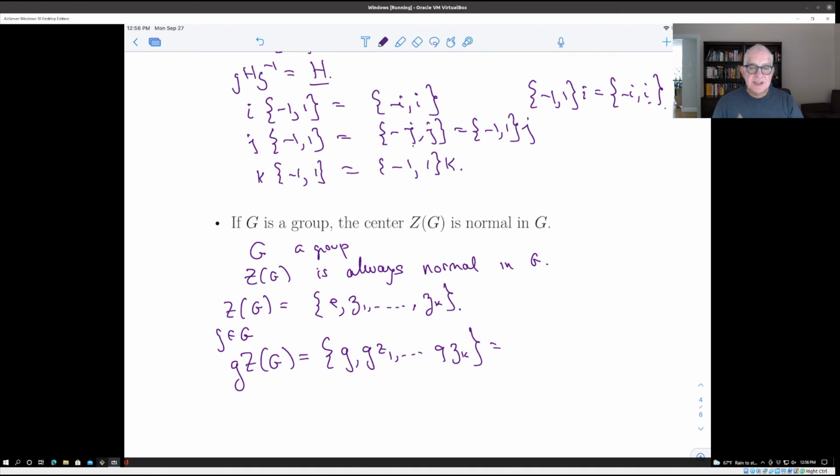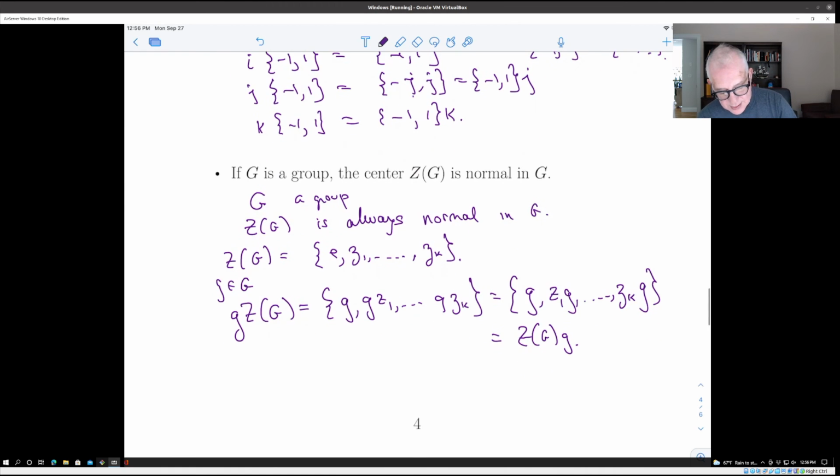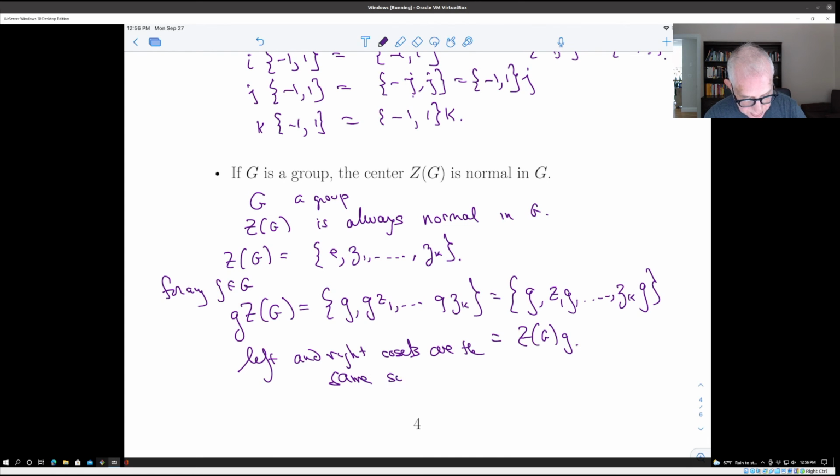But the z's are in the center, and the thing about the center is that they commute with everything. So this is the same as g, z1g, out to zkg, which is the same thing as the subgroup times g. So the left and right cosets agree. So the center is normal.